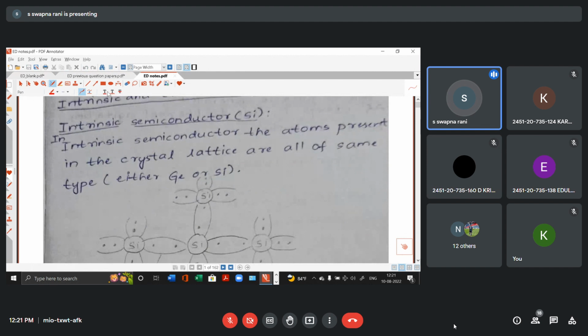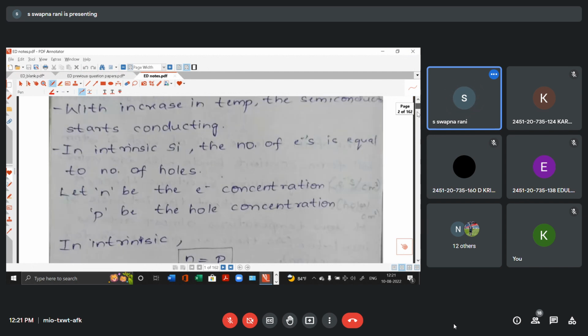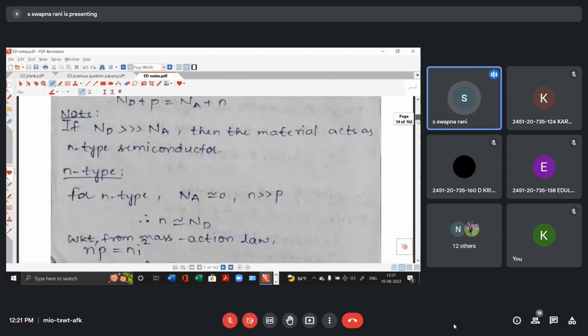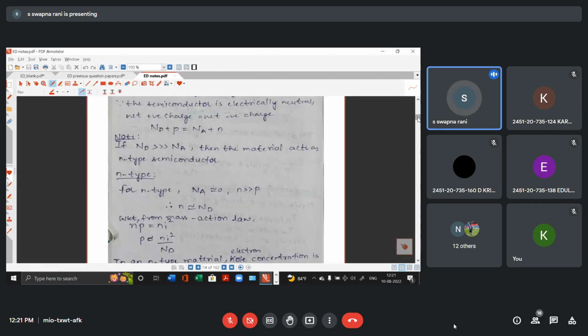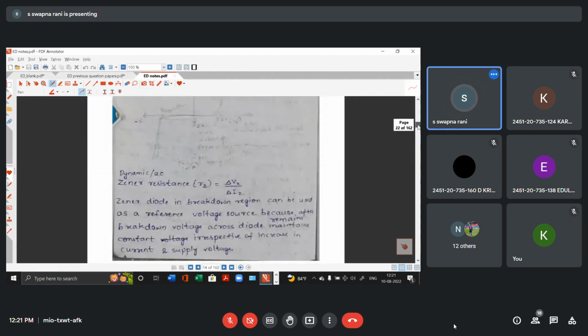I'm not going into the details of semiconductor material. What is a semiconductor material? All these things I'm not going to deal with, as we are going topic wise.